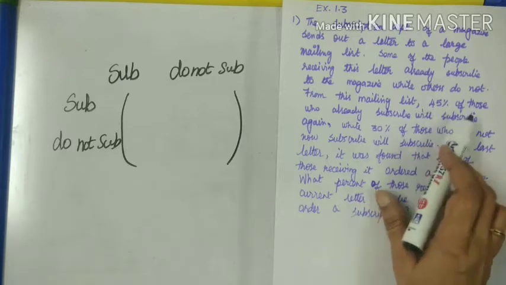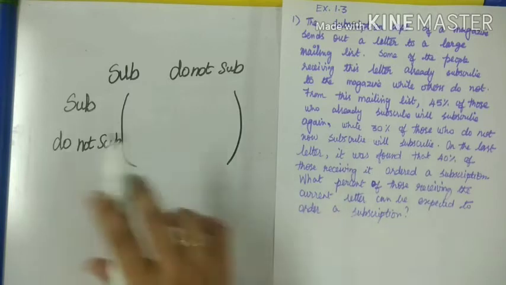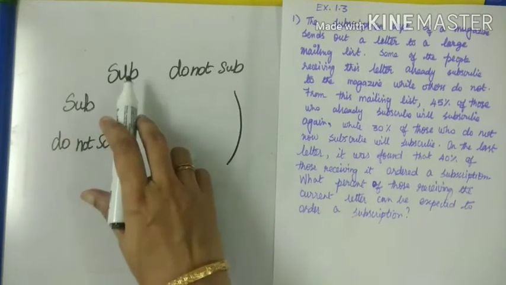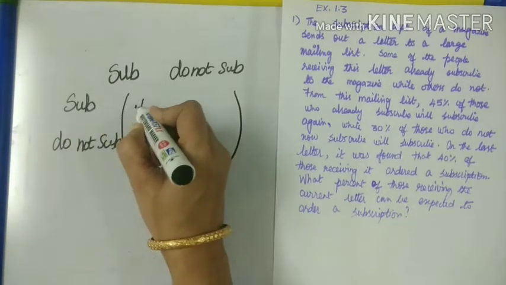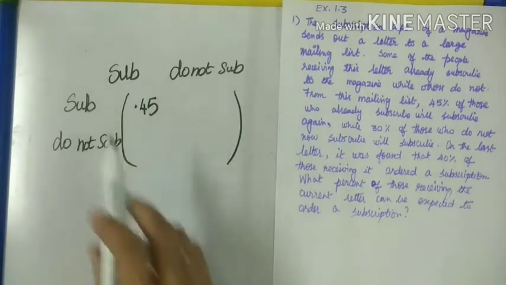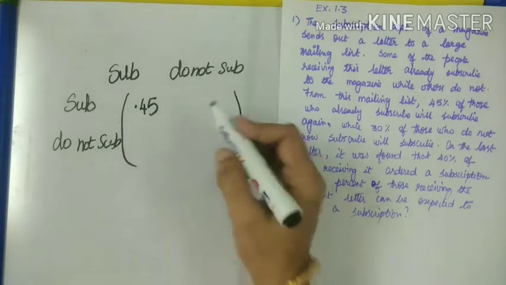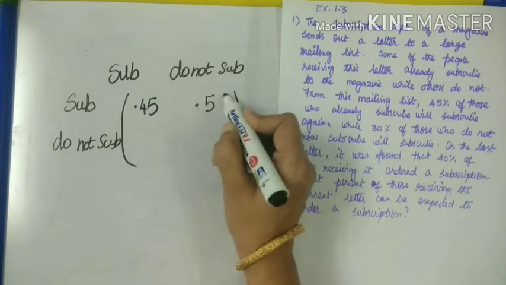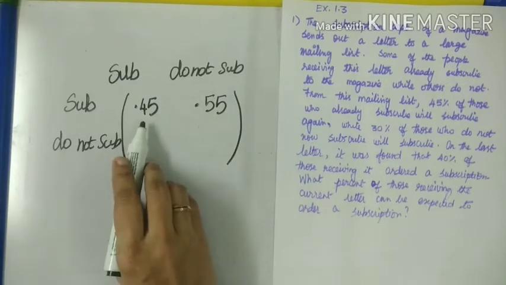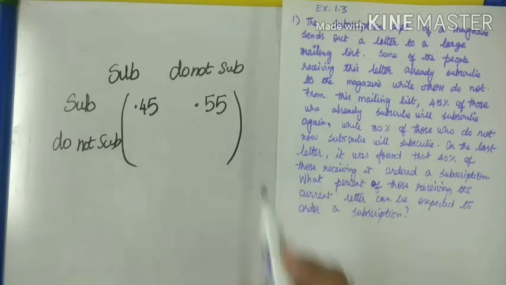So subscribe, now also subscribe: 45%. If 45% subscribe again, how many will not subscribe? 1 minus 0.45, that is 0.55. So 45% subscribe again means 55% will not subscribe.